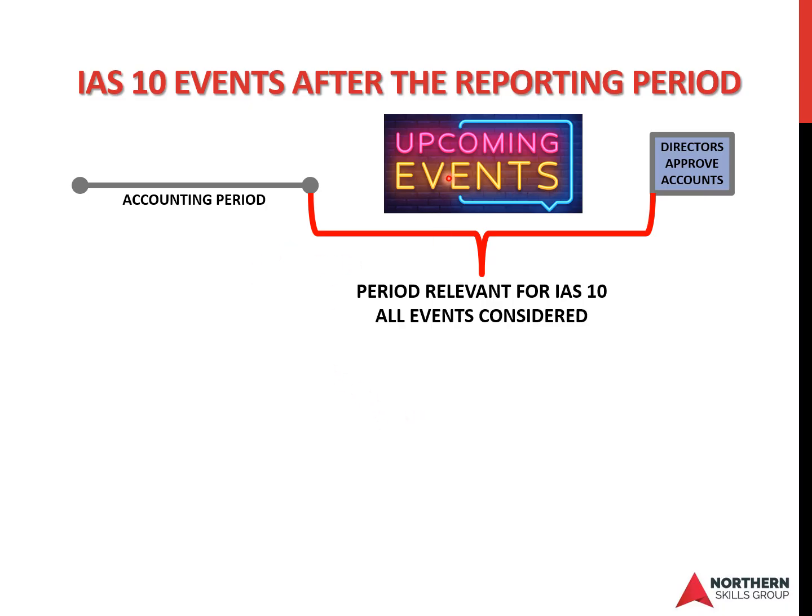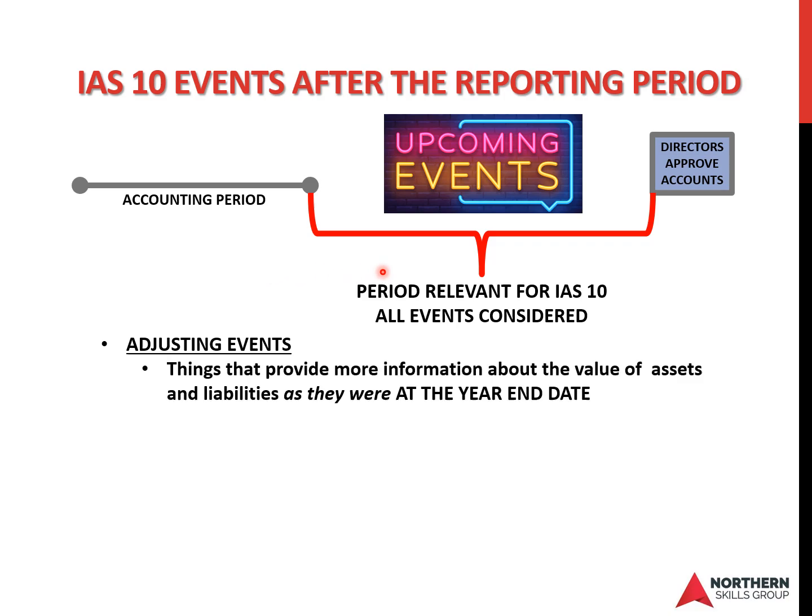And things that happen in that period are divided into two types of event under IAS 10. Adjusting events, and these are things that happen in this period that provide more information about the true value of assets and liabilities as they were at the balance sheet date. So it's something that happens that gives you more information about the situation as it existed at the year end.